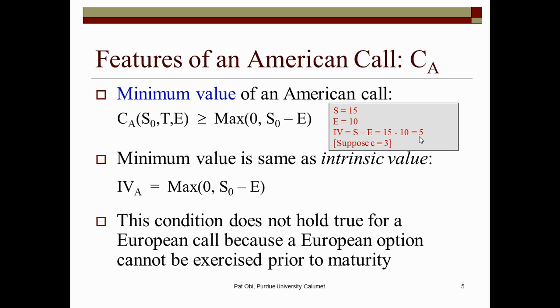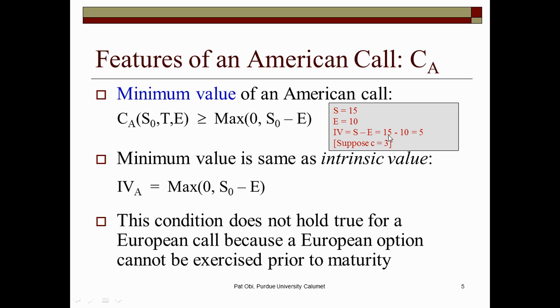So think about this. Suppose that this option's premium at this very time is equal to 3. Now if the option sells for $3 per share, then it would have violated this minimum value condition here, because 3 is less than the intrinsic value of 5, which is S minus E. Now if this were to happen, then what you should do rather quickly would be to buy this option right away, paying only $3, and then you turn around and exercise it right away.